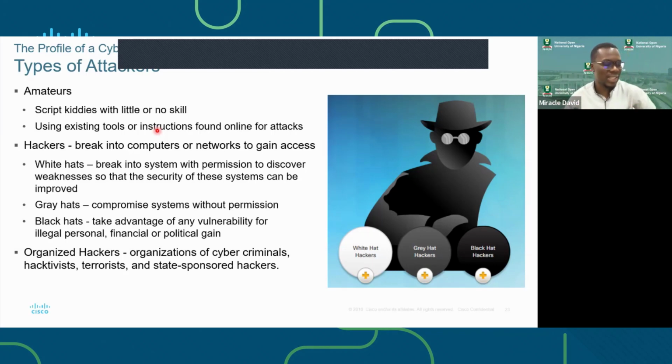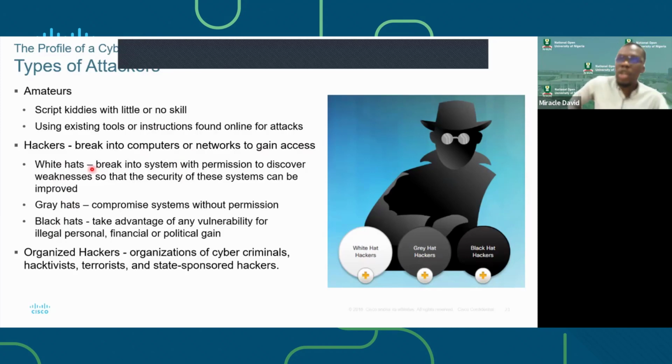Then we have hackers themselves. You see that script kiddies are not even classified as hackers. Hackers themselves break into computers or networks to gain access. So we have the white hat, gray hat, and black hat. What's the difference between these three? The white hats are what they call ethical hackers.